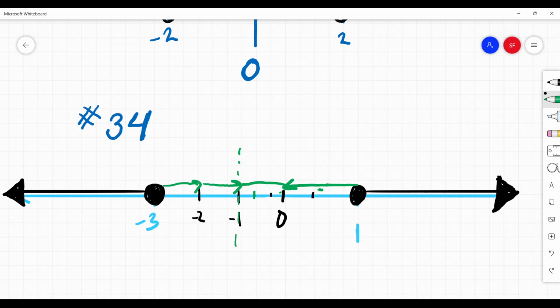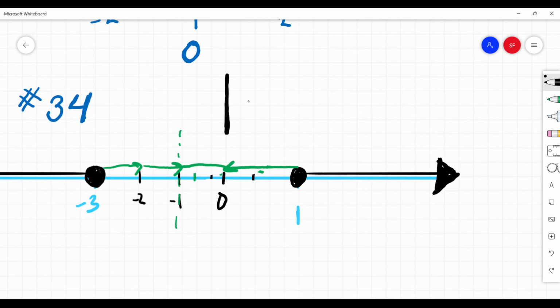So there's how much I moved over by, right? Moving over is going to shift inside the absolute value, but it's got to be the opposite way. So it's going to be x plus 1. Now, how much did I shift over in each direction? Twice.